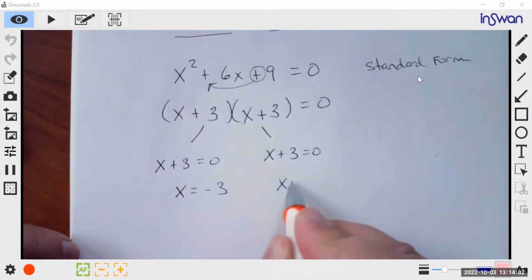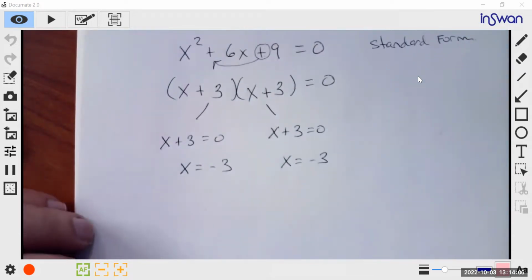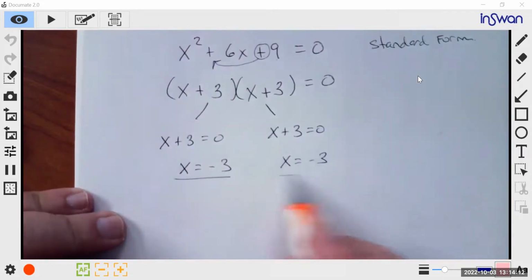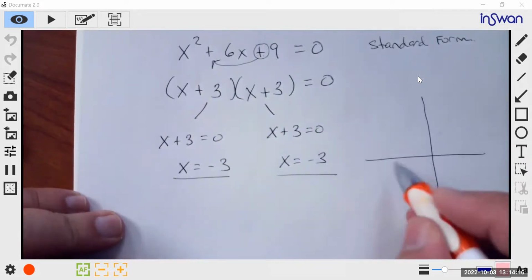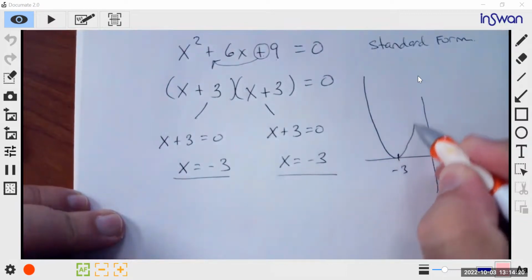Do you know what this means to the graph? Since both of these answers are the same, it tells us that the graph at -3 is only touching at that point.